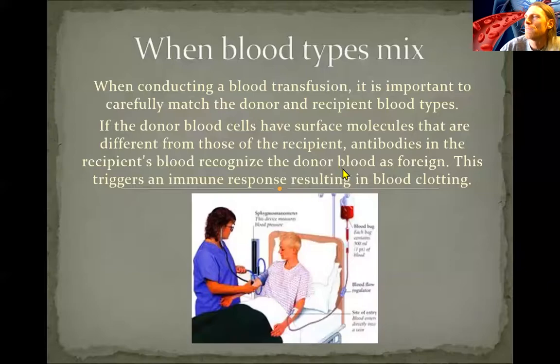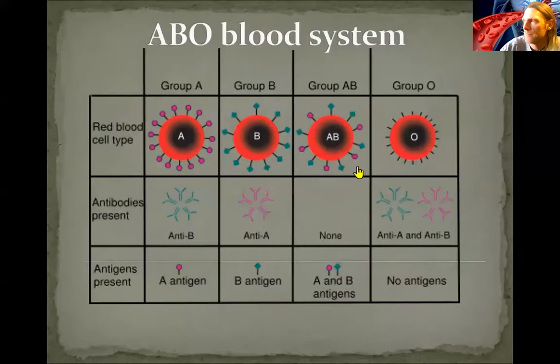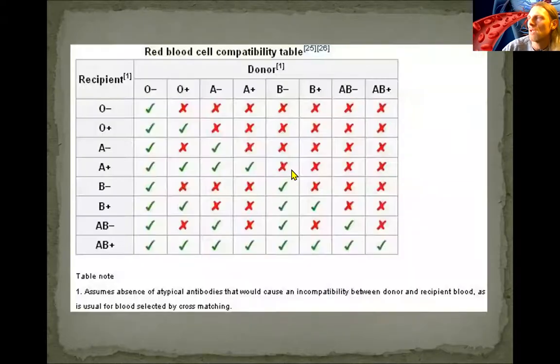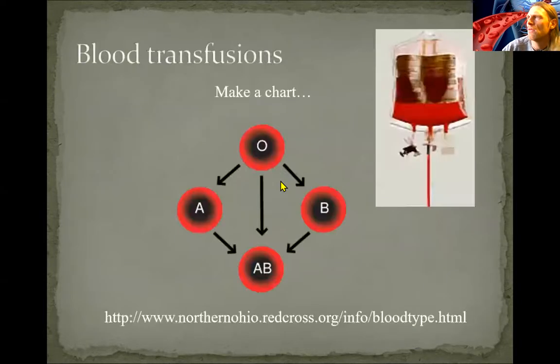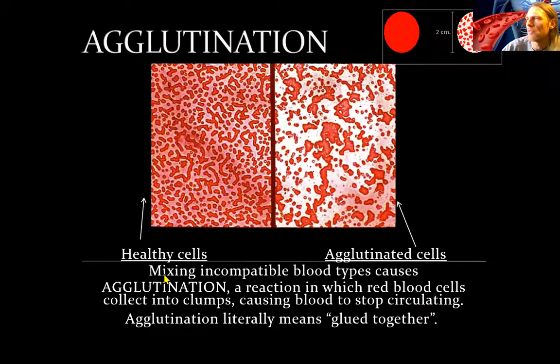So imagine I'm blood group B, and I will give my blood to a person with blood group A. My antibodies will destroy those cells, and that's agglutination, okay? So like you could see here, that's basically what happens.